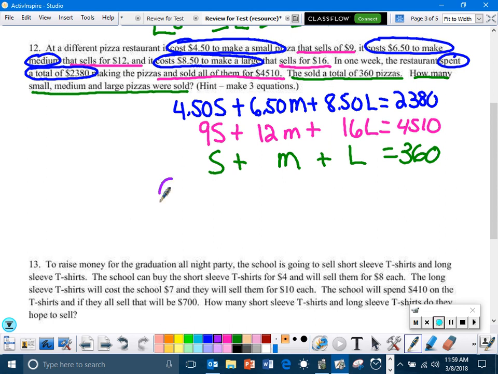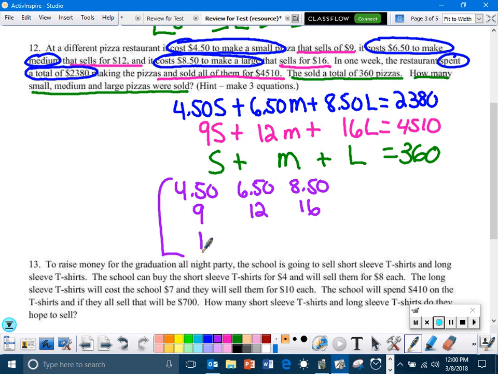All right, matrix. So that bottom row is just 1, 1, 1.